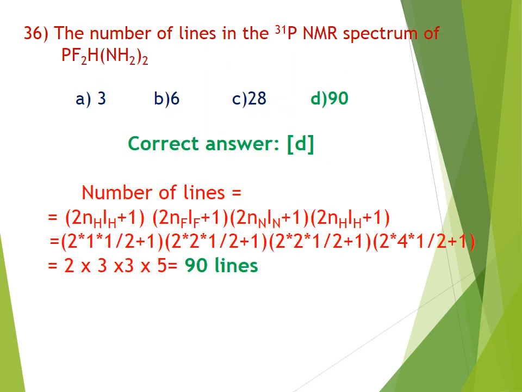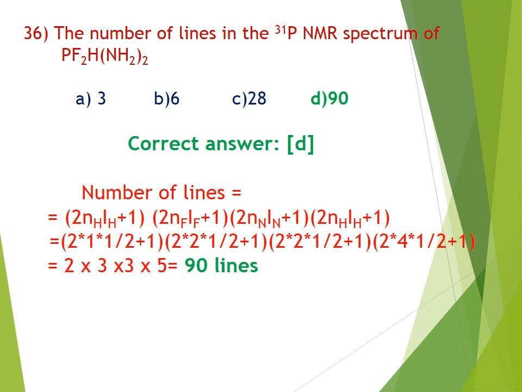36. The number of lines in the P31 NMR spectrum of PF2(NH2)2. Here the correct answer is D, 90 lines. The number of expected lines is explained by using this formula: 2nHIH plus 1, 2nFIF plus 1, 2nNIN plus 1, 2nHIH plus 1.